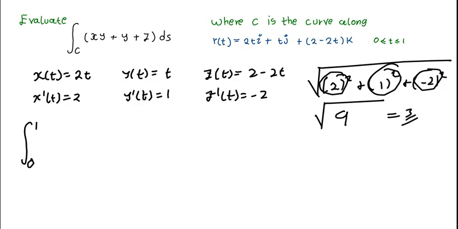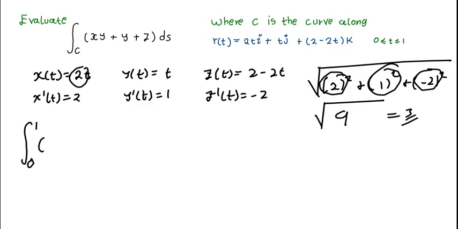Then we are going to say f of x, y, z, but in terms of t. Remember, here I have ds, but I want to use t, so that is going to change to dt. Where there's x, we substitute with what your x is.